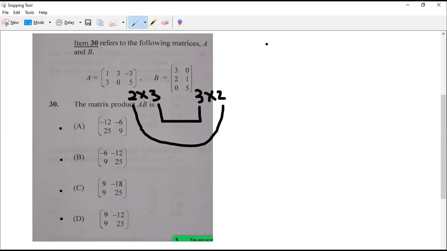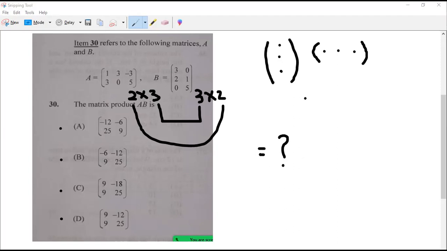All right, let me test your skills. Let me see if you really understand. Look at these two matrices. Can I multiply these two matrices? What's the first thing we're going to do? Write out the what?